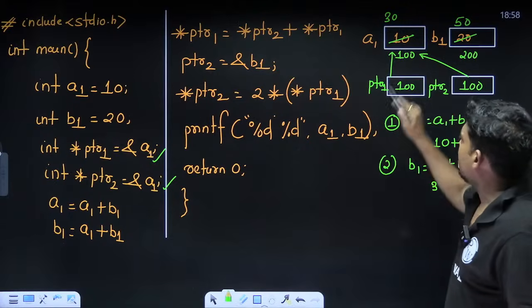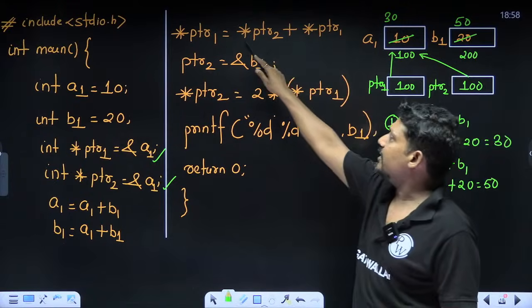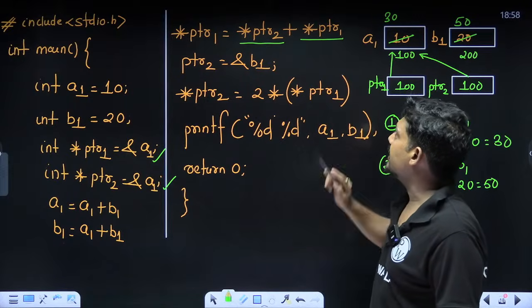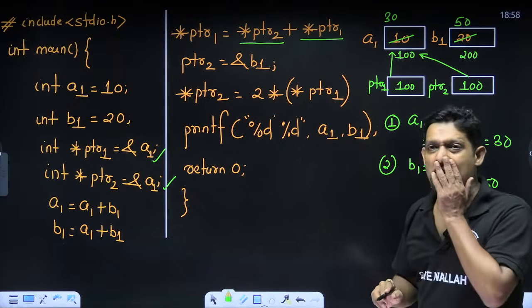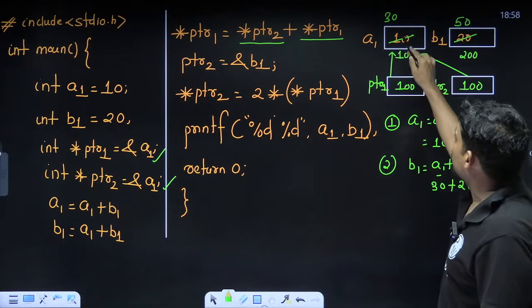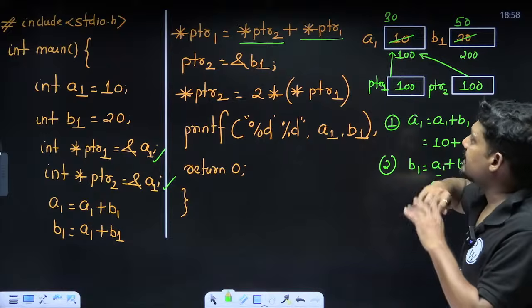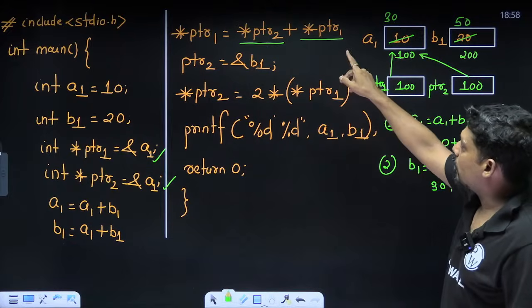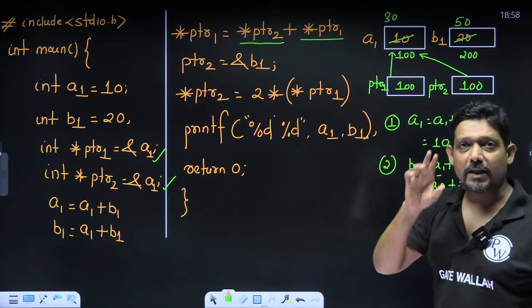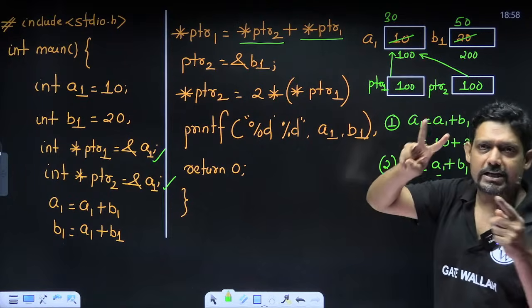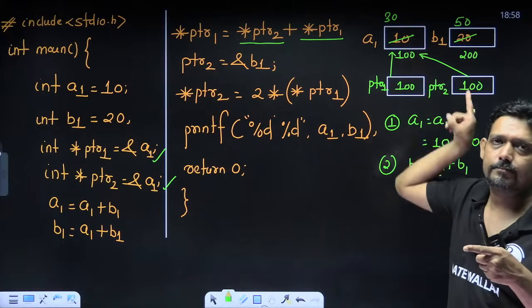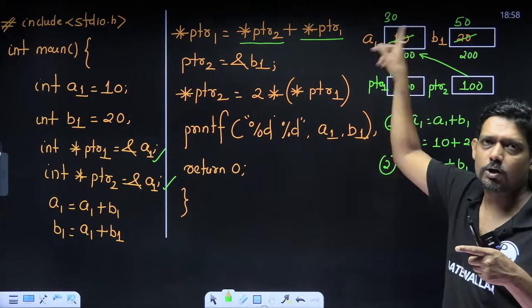Now dereference, third statement: dereference PTR1 is dereference PTR2 plus dereference PTR1. Now do the dereferencing. So now which location to update? This location. And what does it say? That you add the value from the PTR2 as well as PTR1. The thing is that if you look at the two edges, they are both pointing to 30. This is also pointing to 30, this is also pointing to 30.